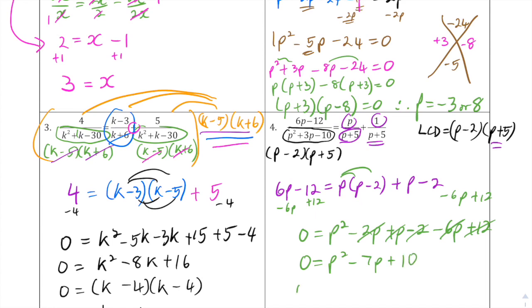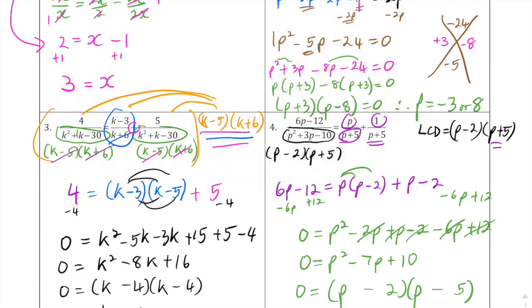Now I need to go ahead and factor. So factors of p squared, p and p, factors of 10 that will add and subtract to give me 7 must be 5 and 2, and in this case both of them negative, leading to answers of p equals 2 or 5.